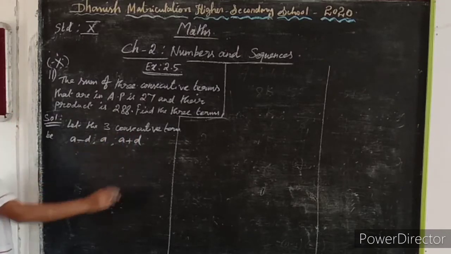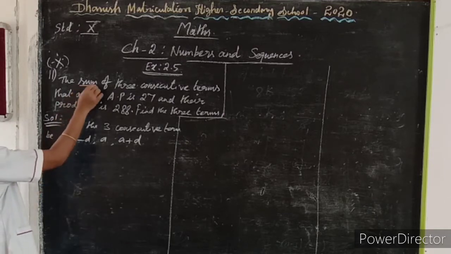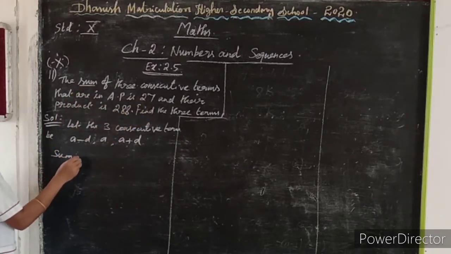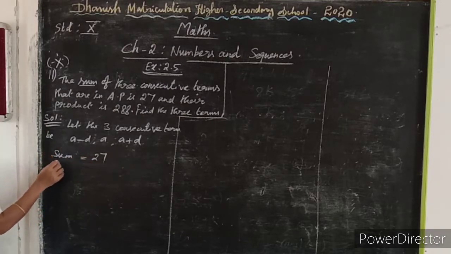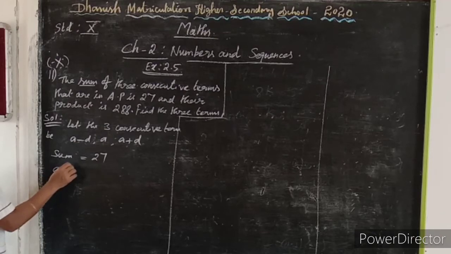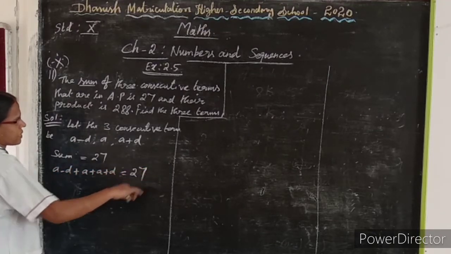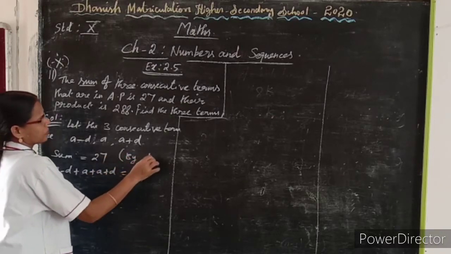These are three consecutive terms of the AP. So what is the given data? The sum is 27. That is, the sum a minus d plus a plus a plus d is equal to 27 by the given data.